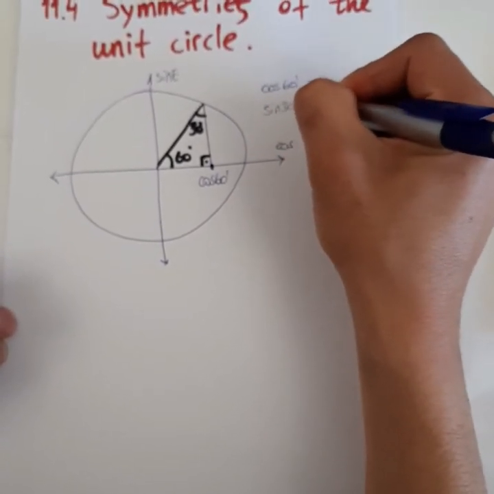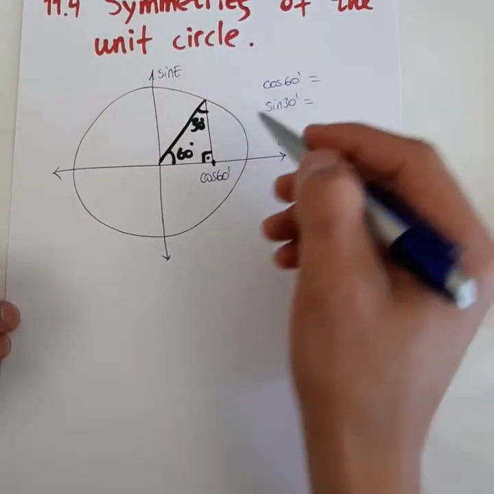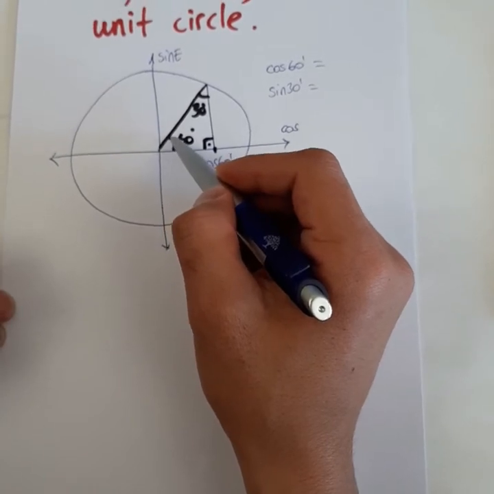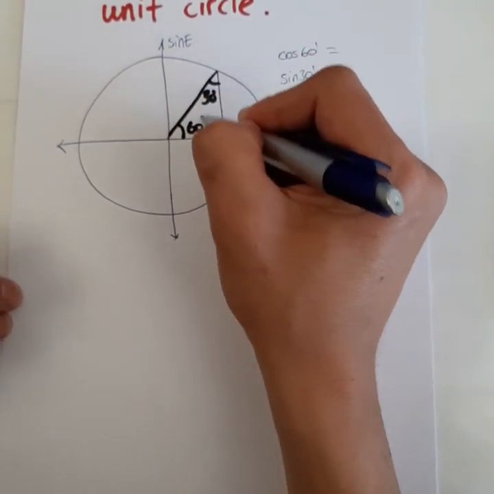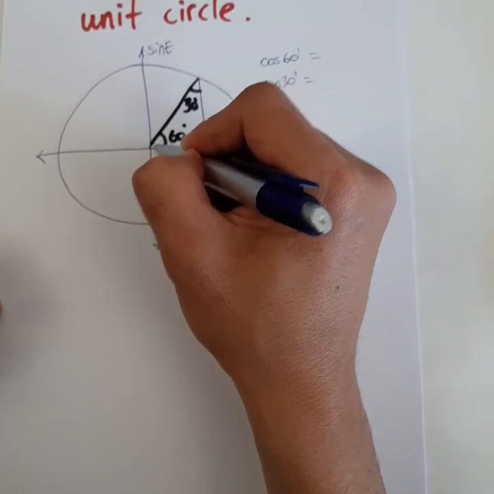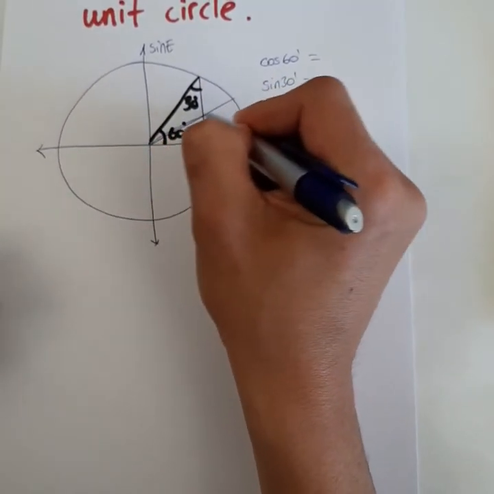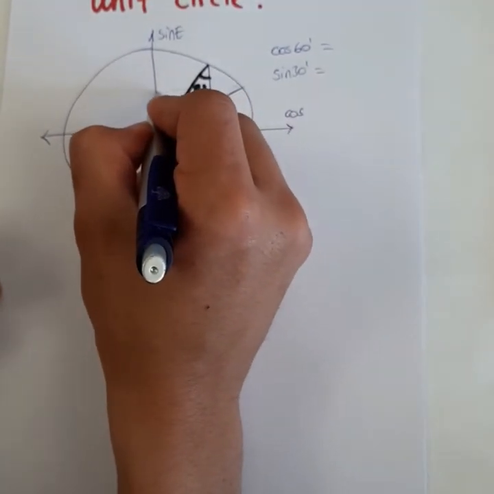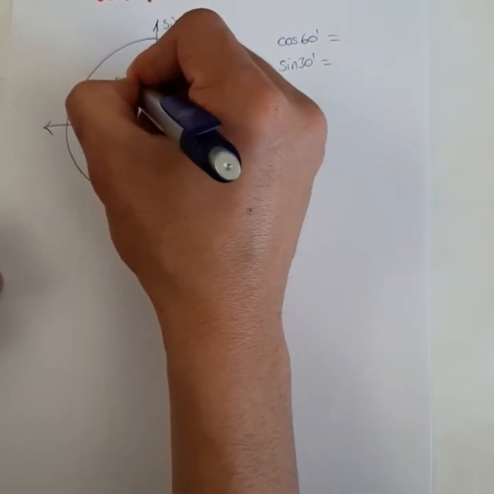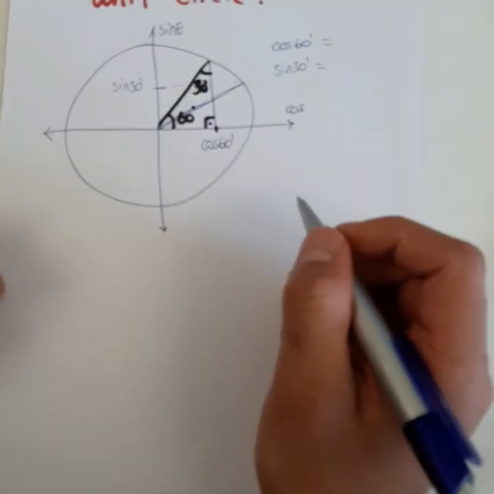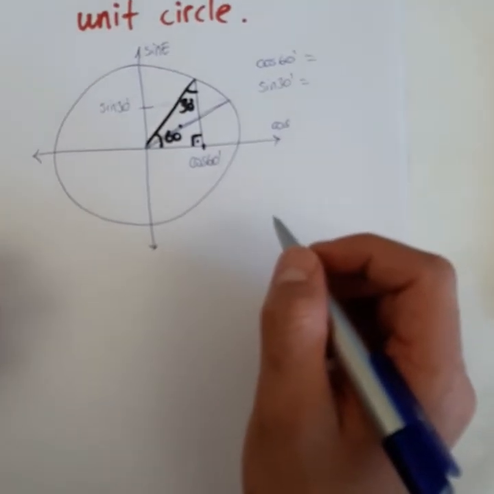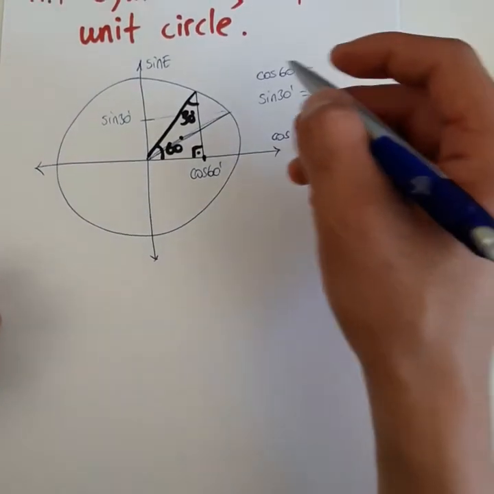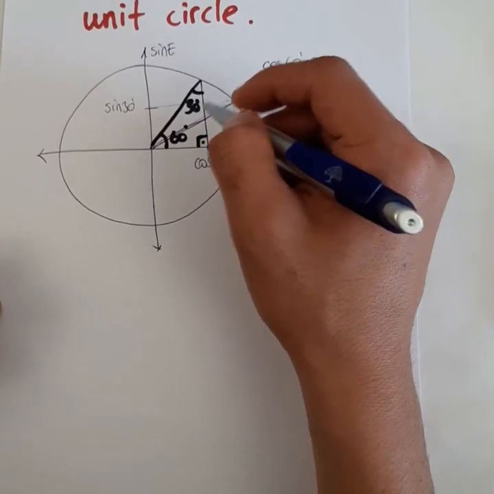Sine of 30 degrees, we have to show it in the form of 30 degrees, the half of this 60, and here we'll show you sine of 30 degrees. So it's our result.